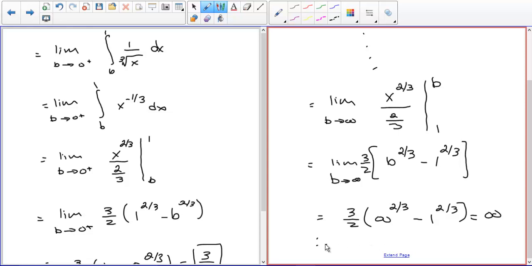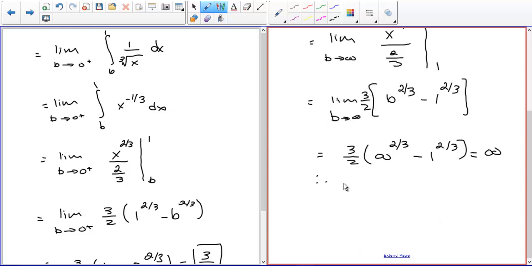Therefore, the integral is undefined because it's infinite. You take infinity to any positive power, you're going to end up with infinity. So again, that agrees with what we thought was going to happen. Okay, so that's it.